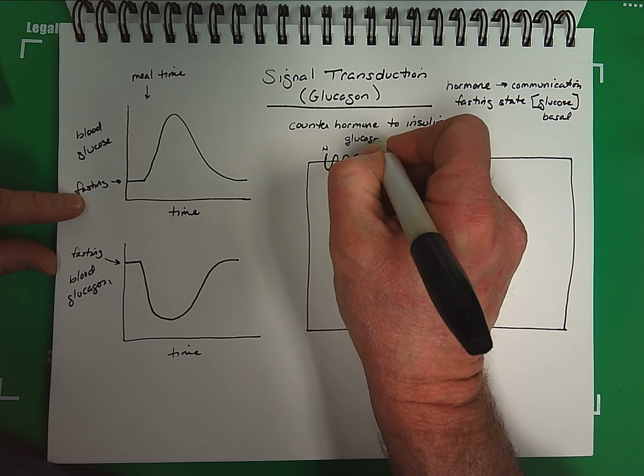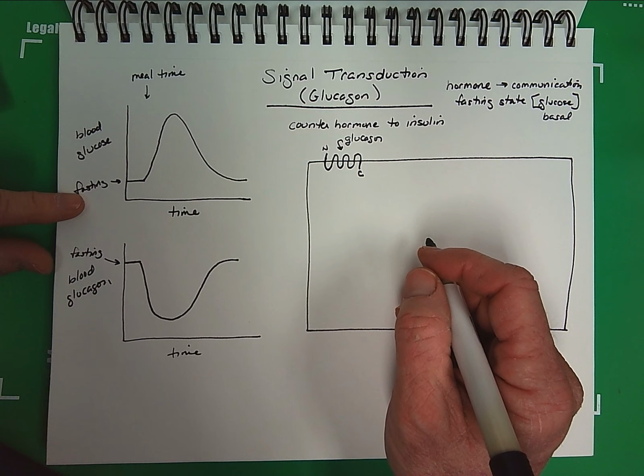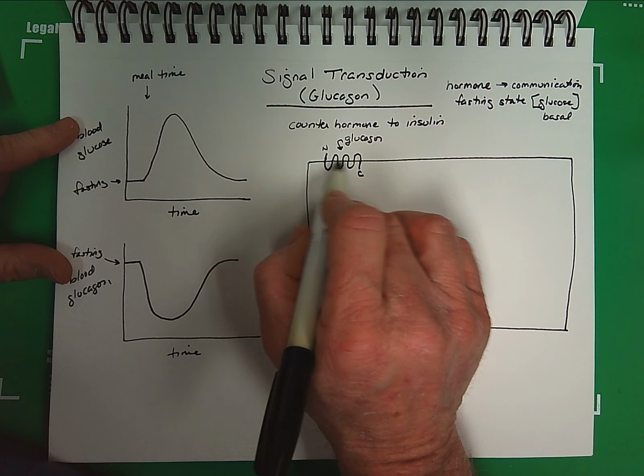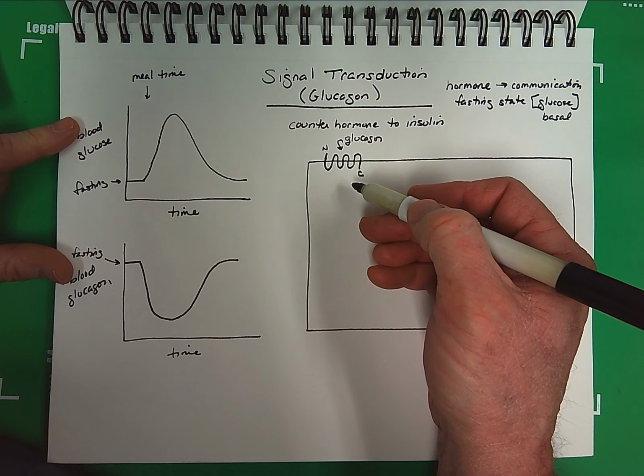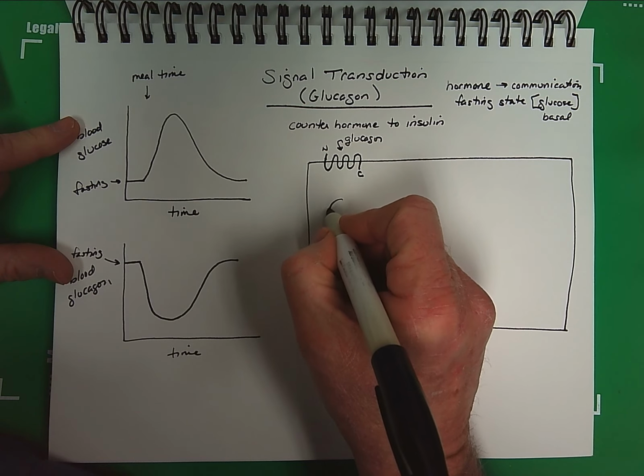So glucagon binds to its receptor. Now, the binding of glucagon to its receptor must transduce information inside the cell. It does so a little differently than insulin.